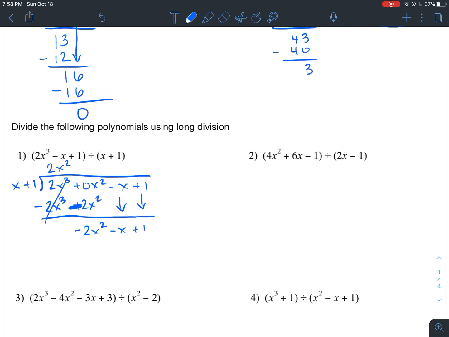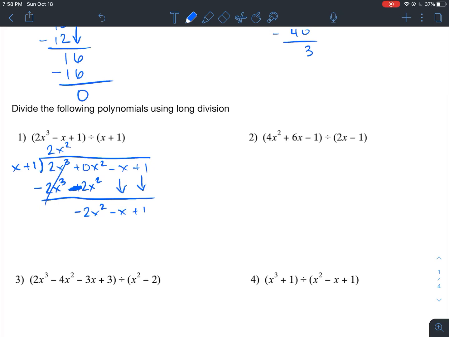So see how similar this is looking to what we were doing before? Now let's repeat the process. What number multiplied by x gives you negative 2x squared? That would be negative 2x. So negative 2x, remember I have to multiply it by both of these terms.